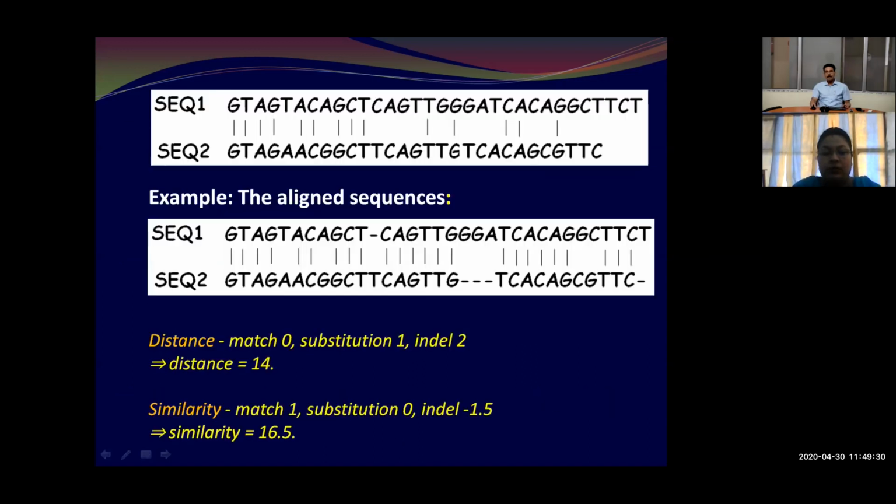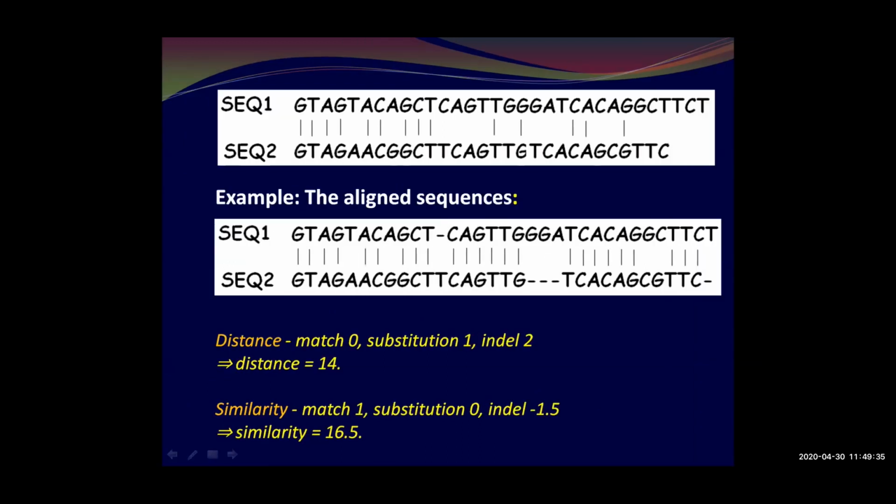Now I'll show you practically how this is usually done. We have two sequences, sequence 1 and sequence 2. If we simply want to compare them, we can place one upon the other and, starting from the first nucleotide, compare every nucleotide in the sequence.